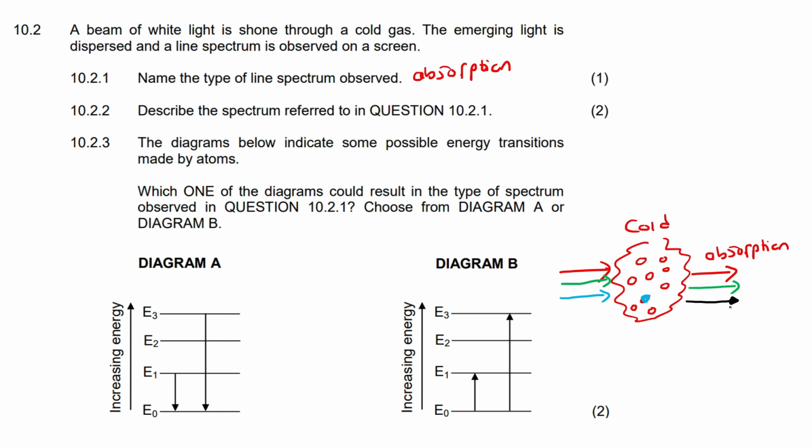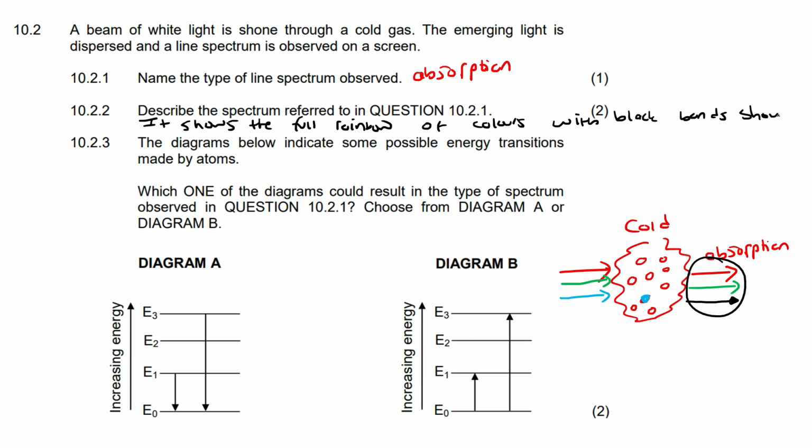Black is the absence of any color. And so how would you describe an absorption spectrum? You could say it shows the full rainbow of colors with black bands showing or indicating the colors that were absorbed. Okay? That is what an absorption spectrum actually is.